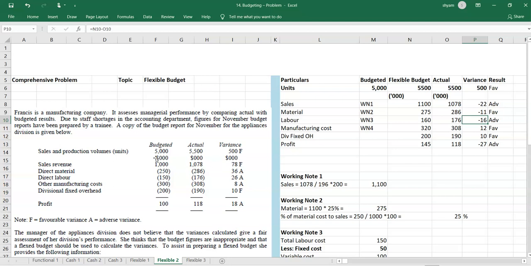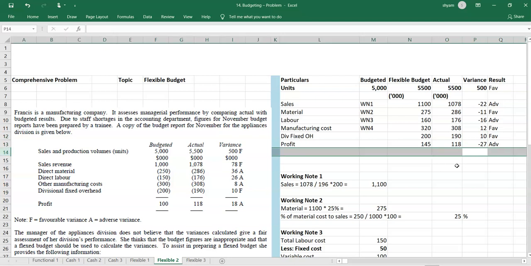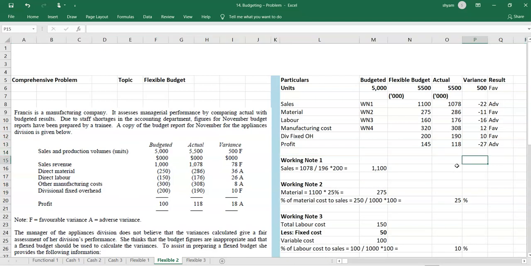See, when compared to the budget, it was favorable because budget they had to sell only 5,000. Here they have sold 5,500. But the logic here is they have sold it at a discount, and material price has gone up, and labor they have paid more. Manufacturing overhead they have slightly lowered it. Divisional overheads they have lowered it, and profit, overall it is a bad thing.